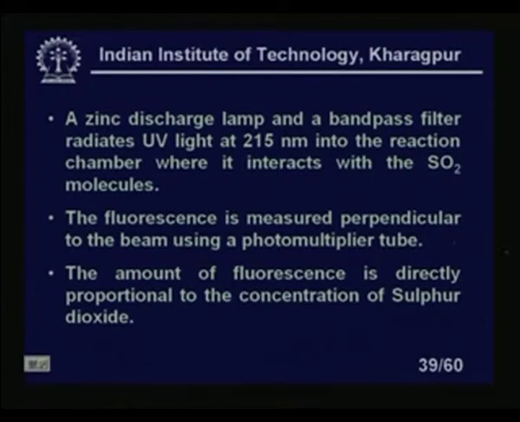Nowadays, instead of a photomultiplier tube you can also use photodiodes or phototransistors. The photomultiplier tube just multiplies, it increases the output current, nothing more. The amount of fluorescence is directly proportional to the concentration of sulfur dioxide, which we are measuring with the photomultiplier tube.